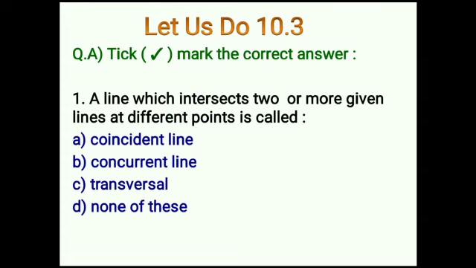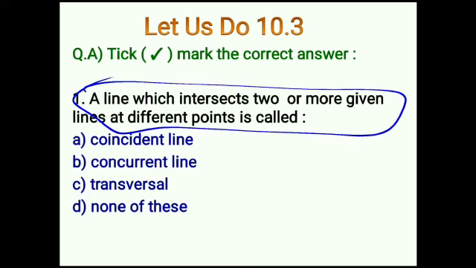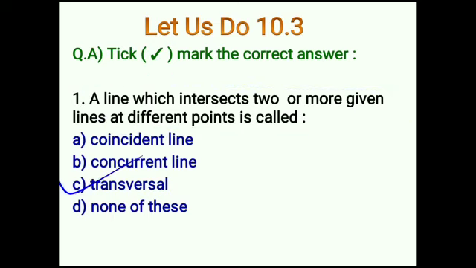We know this is the definition of transversal, because a transversal is a line which intersects two or more given lines at different points. So here the answer is option C, transversal.